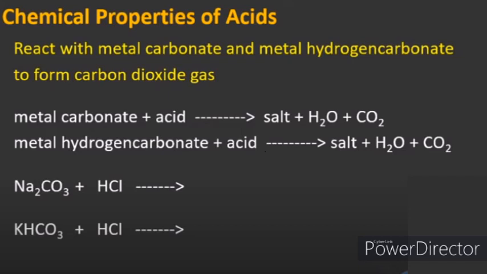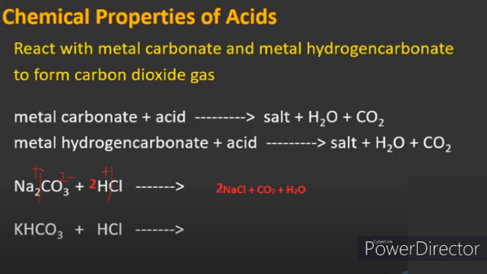Now you will see the same products are formed when a metal hydrogen carbonate reacts with acid, that is salt, water and carbon dioxide. Now let's observe these two reactions one by one. The first reaction is sodium carbonate reacting with HCl, and the second is potassium hydrogen carbonate reacting with HCl.